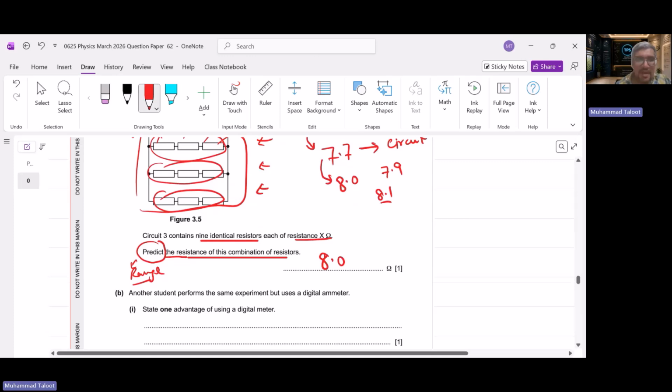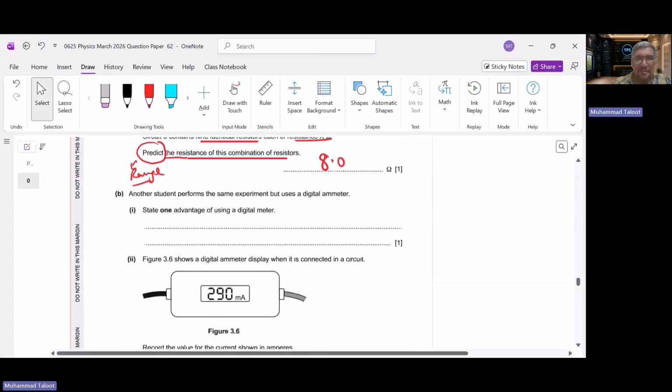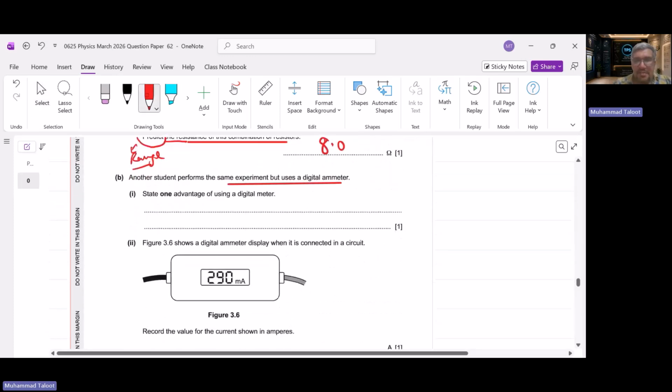So moving to part B, another student performs the same experiment but uses a digital meter. That is very good, so many problems are going to be handled. State one advantage of using a digital meter. One important point is that you will have no variation, no fluctuation, no parallax error will occur, and it is easier to read as well.